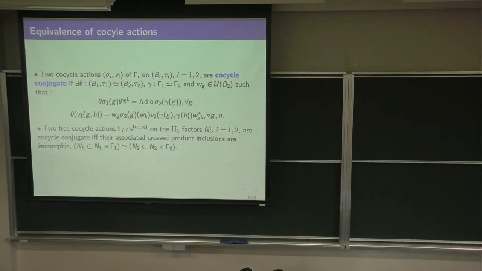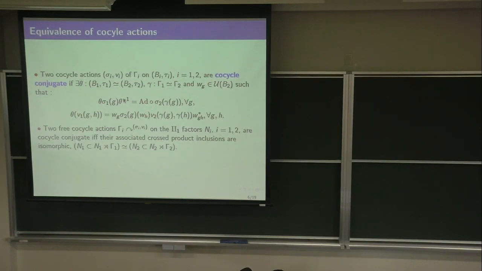So here I mentioned two cocycle actions, and first of all what it means for them to be cocycle conjugate. Here I wanted to correct something: Masaki pointed out that I have to add Ad of Wg. I forgot the Wg. So it's an Ad of the Wg here.